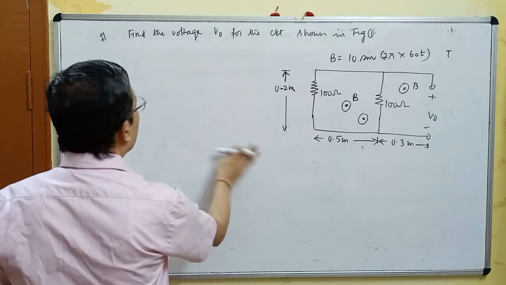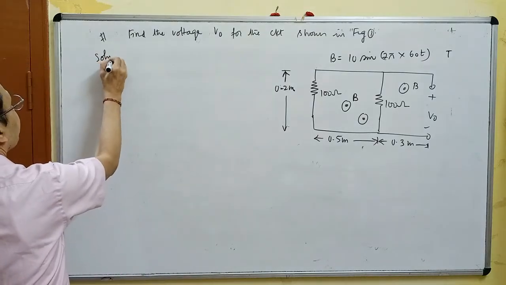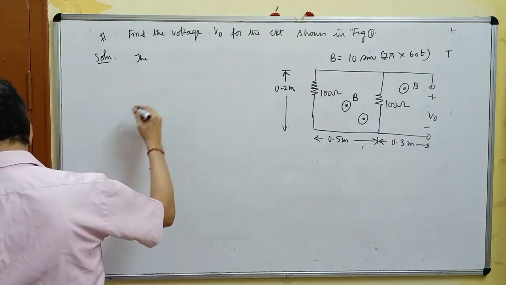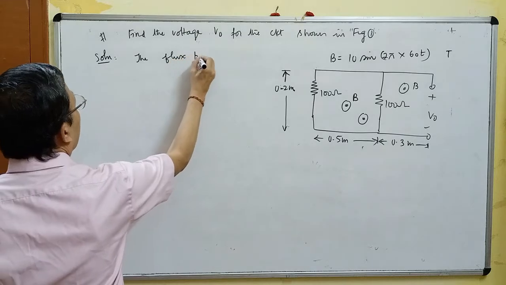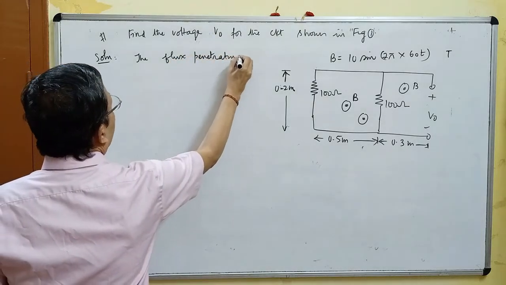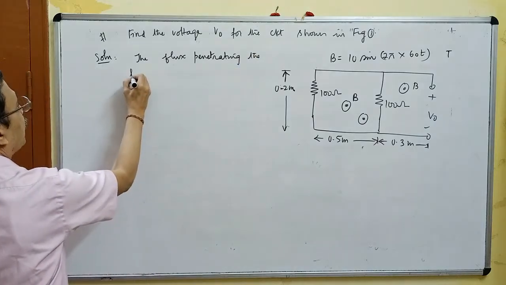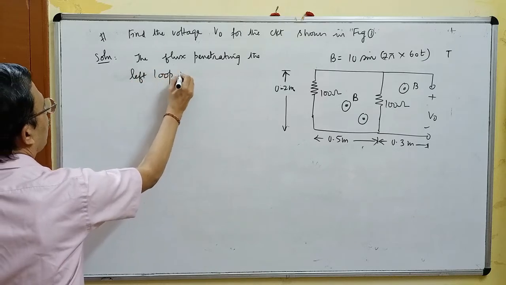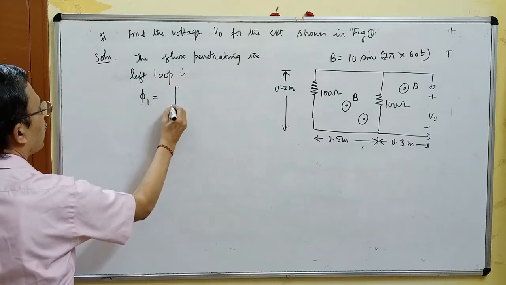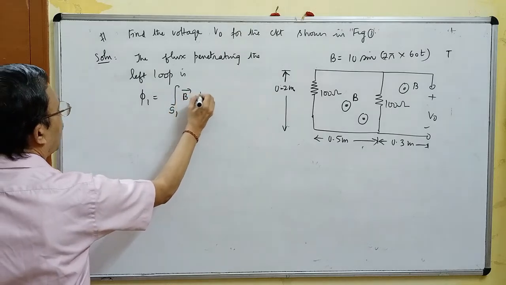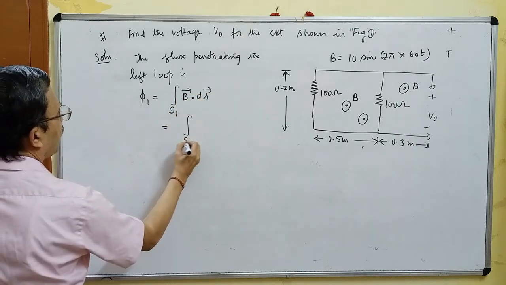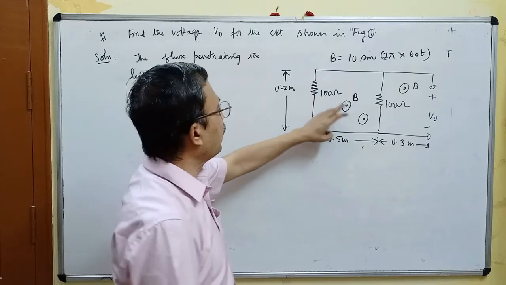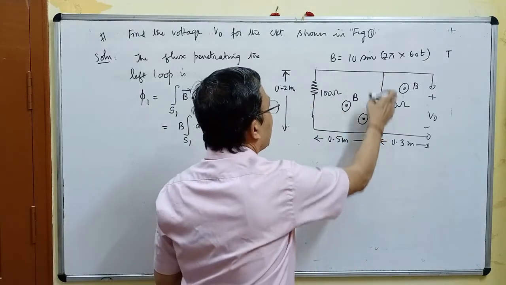So the same technique we will use. Solution: the flux penetrating the left loop is phi 1 is equal to the surface integral of vector B dot ds. This is nothing but the surface integral of B into ds. The dot product is dispensed with because vector B is normal to the surface bounded by this inner rectangular loop.